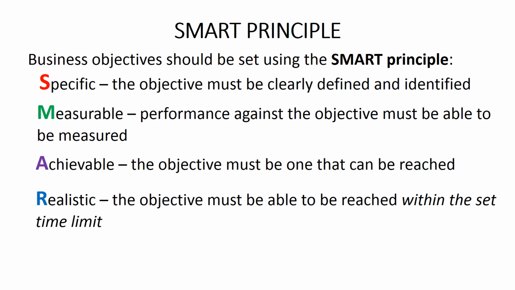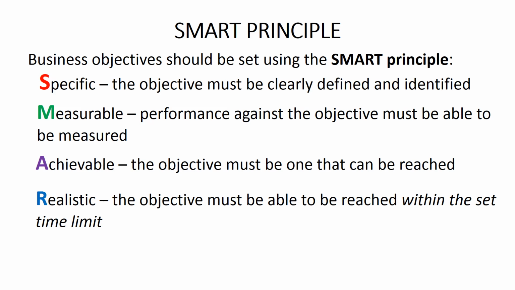Now, you may ask, well, what then is the difference between an objective that is achievable and an objective that is realistic? Well, the difference is this. When we are assessing whether an objective is achievable, we are asking whether it is likely that the objective can be reached within the longer term.